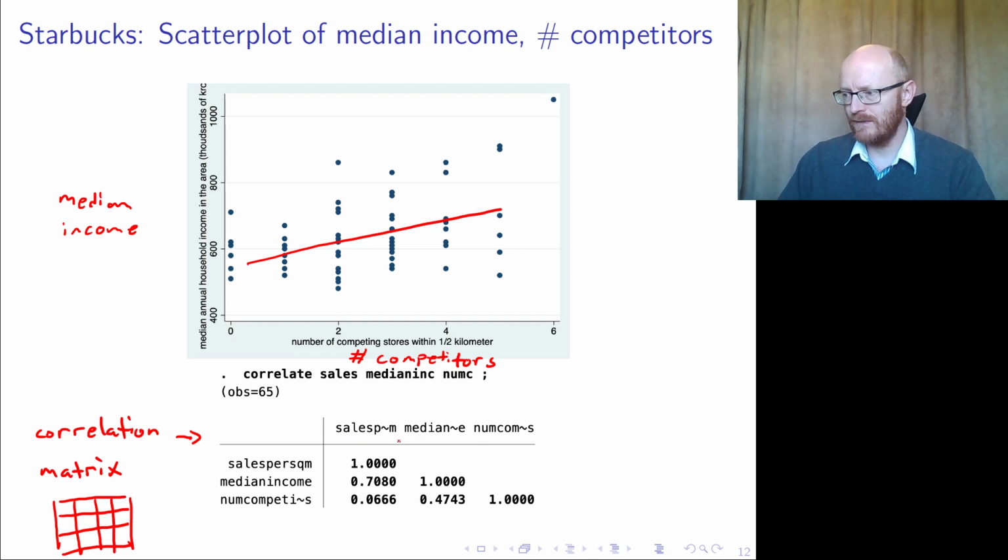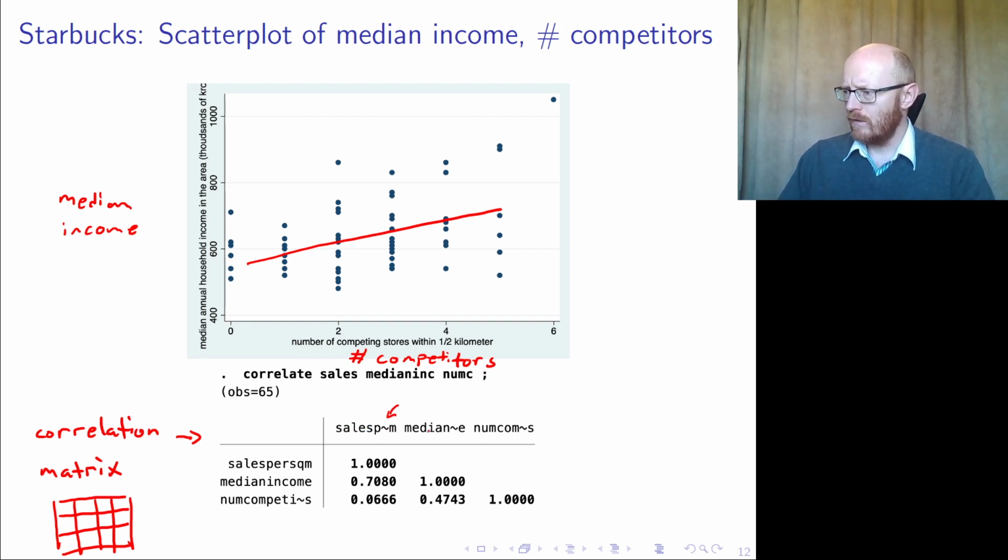Sales per square meters. And of course, you see that the correlation matrix doesn't handle names above 8 characters very well, so it kind of shrinks the name here, but you get the drift.